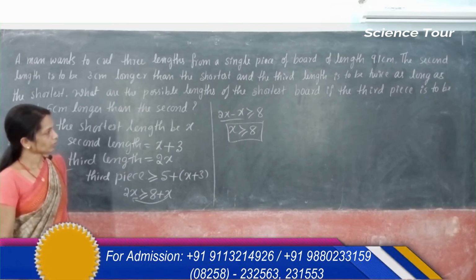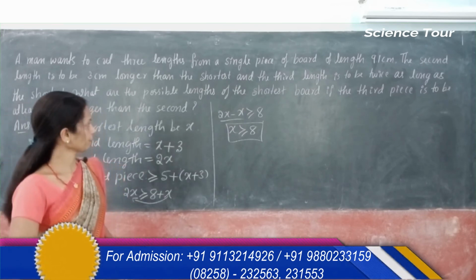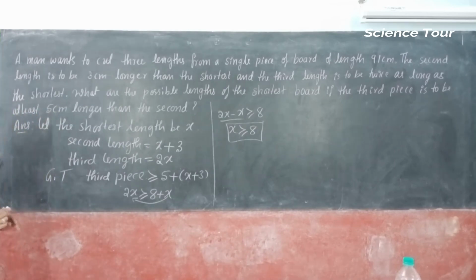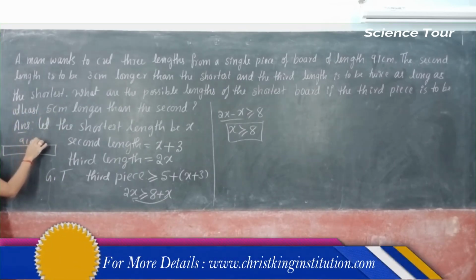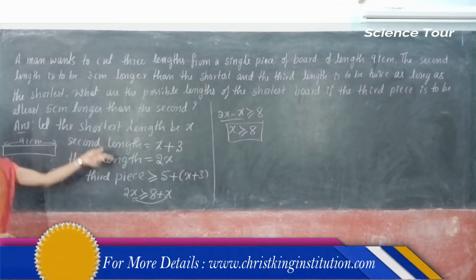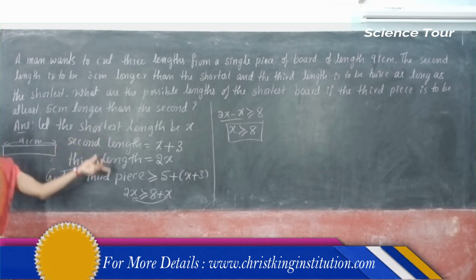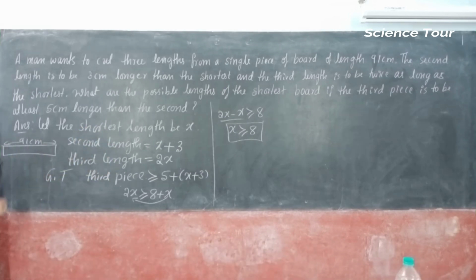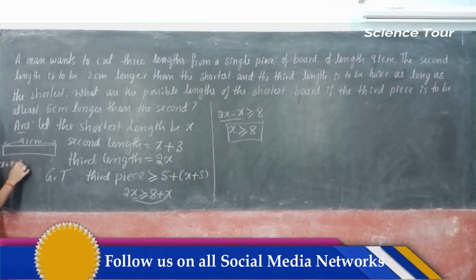And one more thing you have to observe. Okay, man wants to cut a single piece of a board of how much length? 91 centimeter. And these are the 3 lengths. What should be the total of these 3 lengths? We are not given that 3 lengths total should be exactly equal to 91.